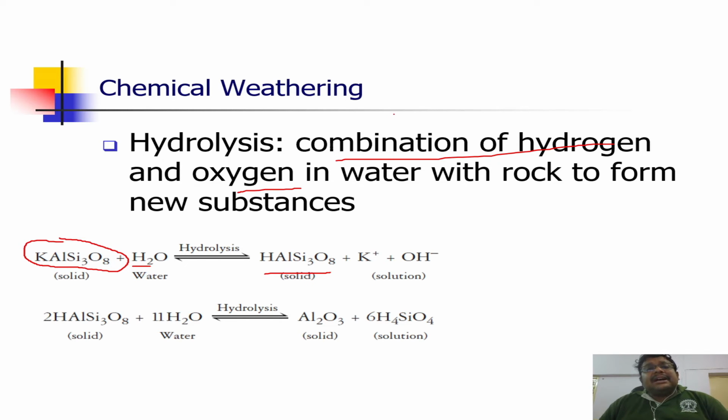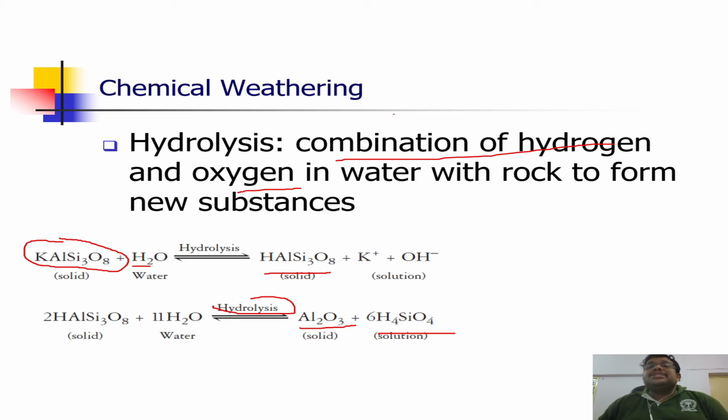This component further undergoes hydrolysis, forming alumina or aluminum oxides and also silicic acid. So this hydrolysis process is very important as far as chemical weathering is concerned.